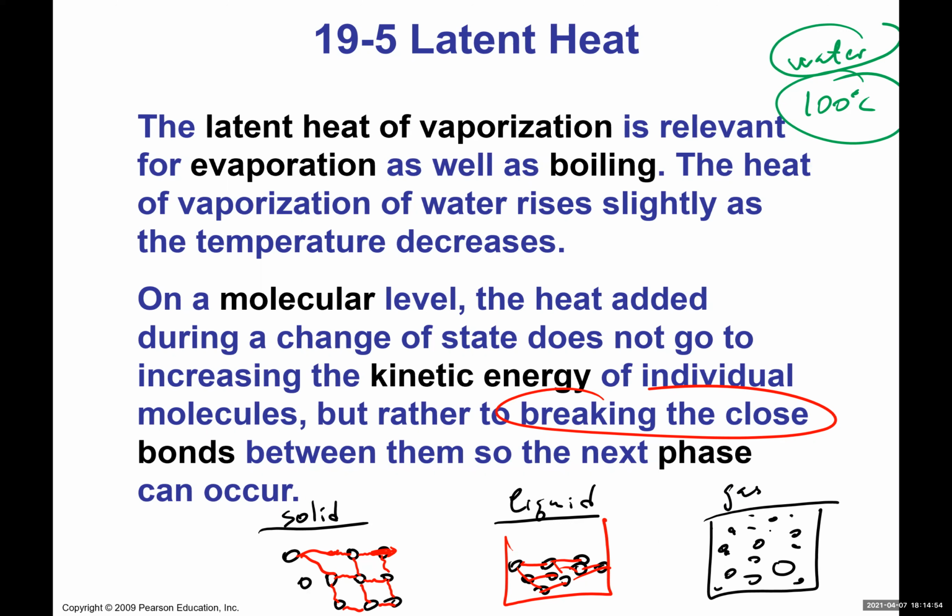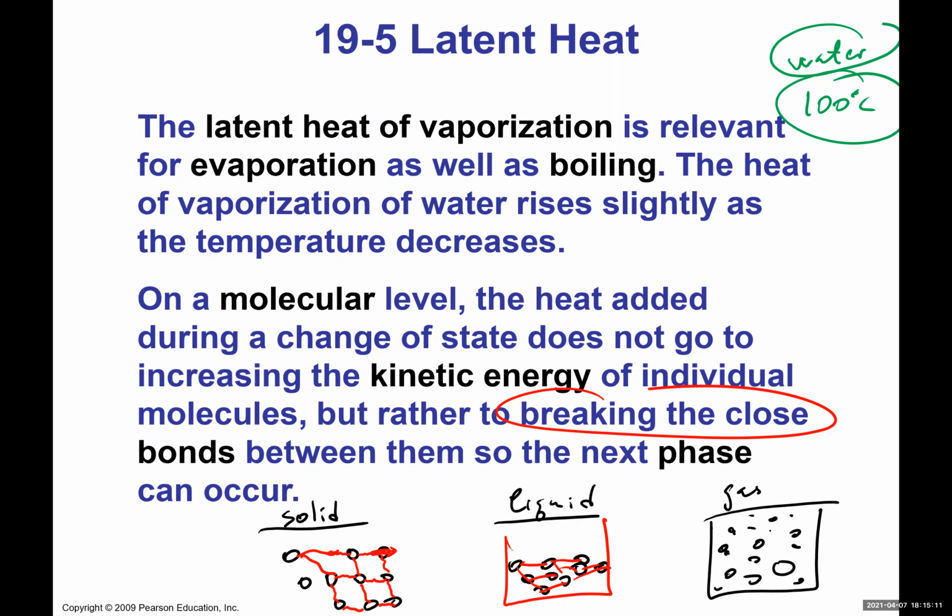That's because all that added energy allows them to break those bonds. The faster they're moving, the easier it is for them to break bonds. And when I remove energy, they move slower, then when they collide, they can actually stick together and generate those molecular bonds between them. All right, so that's what happens at the molecular level.